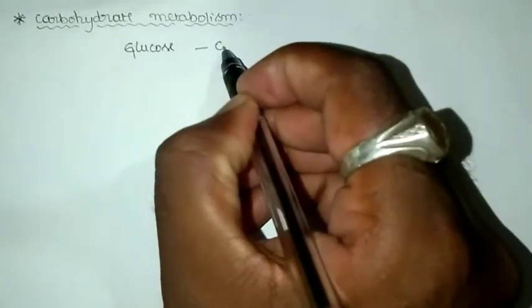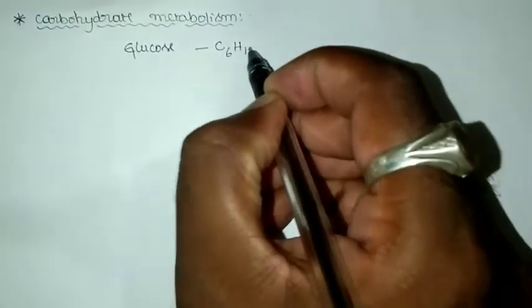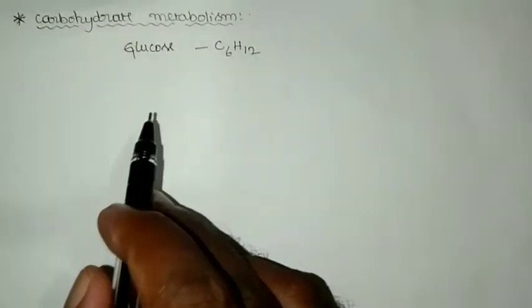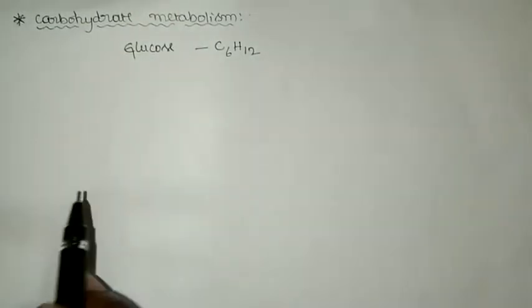We know that glucose has the molecular formula C6H12O6, and this glucose is very rich in potential energy.